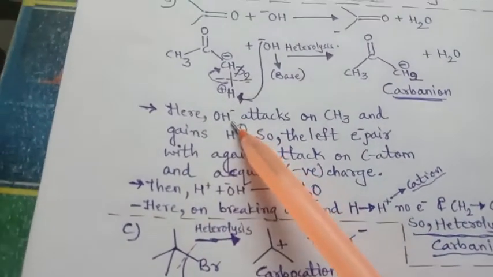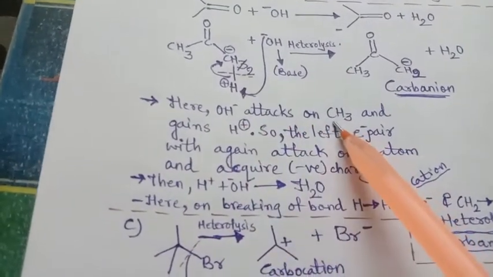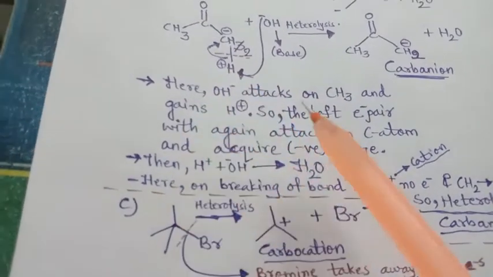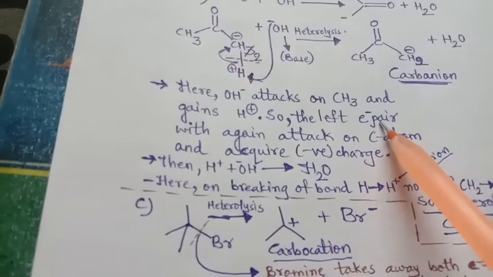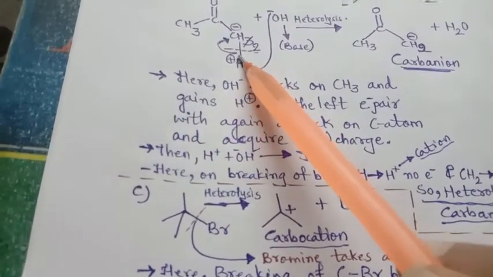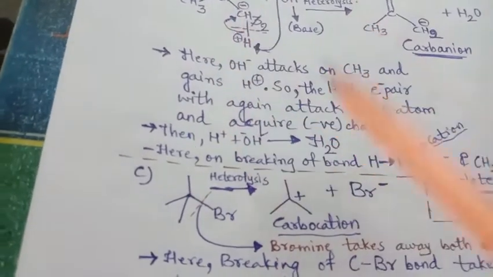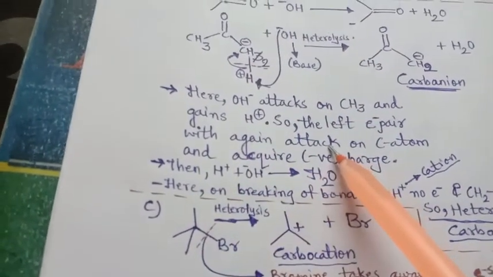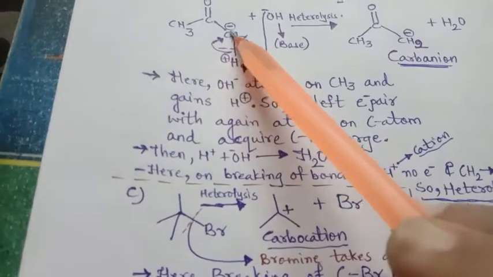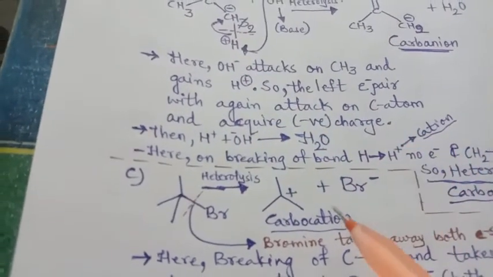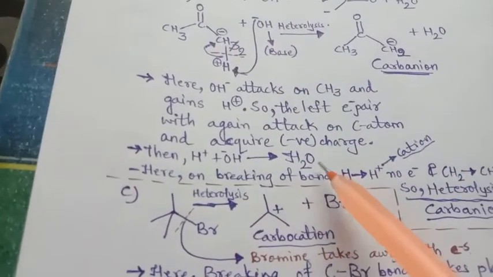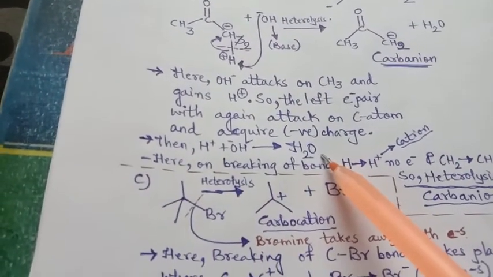Here OH minus attacks CH3 and gains H plus, right? So the left electron pair, when it gains H plus, the pair of electrons which is left will again be attacking the carbon atom. See here. And it will acquire a negative charge. Thus H plus and OH minus will separate out as H2O.